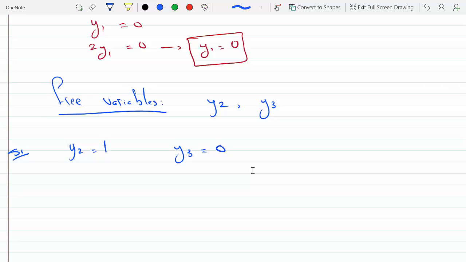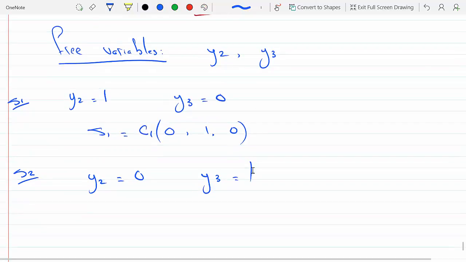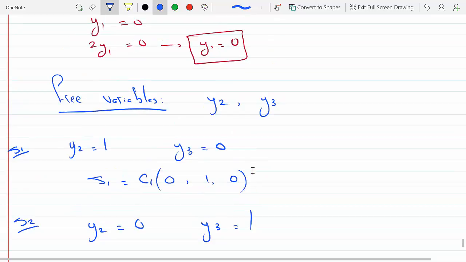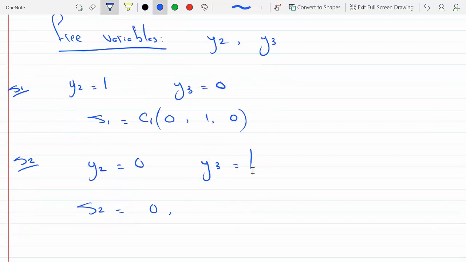In that case, I would have my S1 be 0, 1, 0, or any scalar multiple of that, C1. And my S2, I would set y2 to be 0 and y3 to be 1, so S2 will be 0, 0, 1, times any scalar multiple of this.